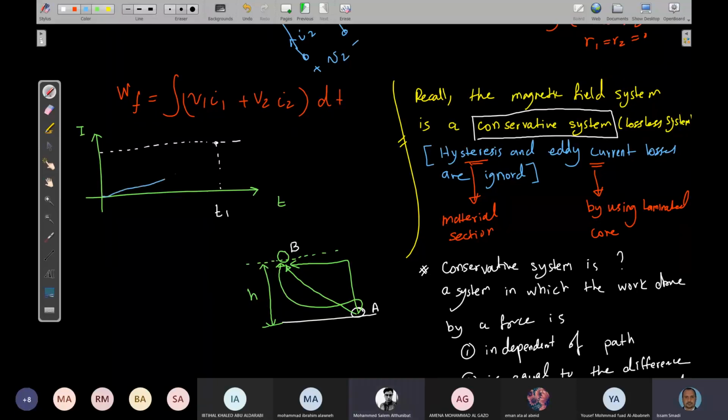So if I'm taking this path, or this path, or, let's say, this path, in the end of the day, at this point, let's assume that the energy is the same.